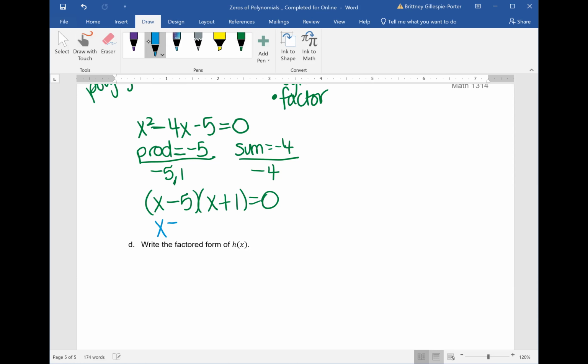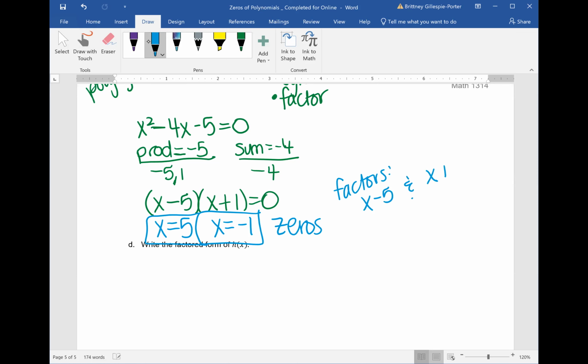We get x equals 5, x equals -1 as our zeros. And here we already found their factors. We said that their factors were x minus 5 and x plus 1. So when we're writing the factored form of our function, we can include these.